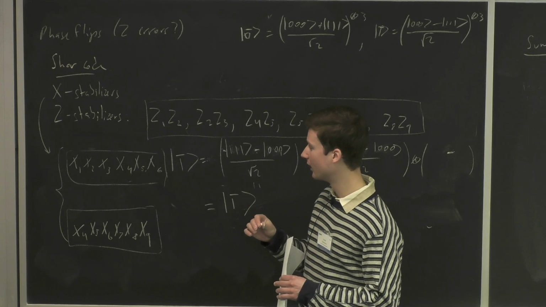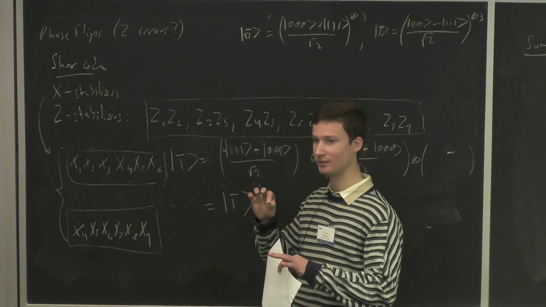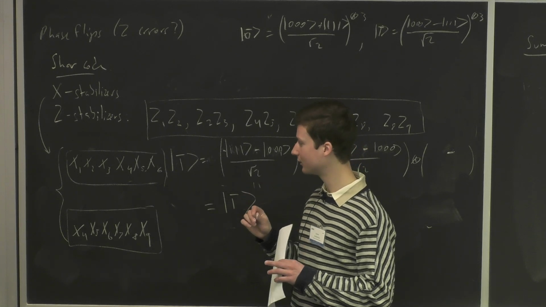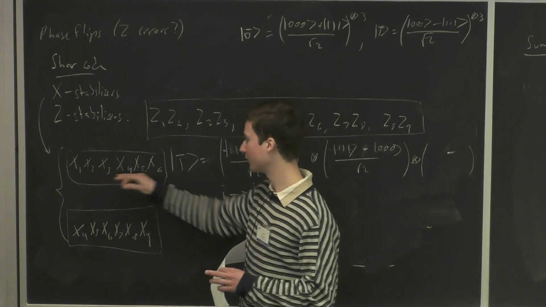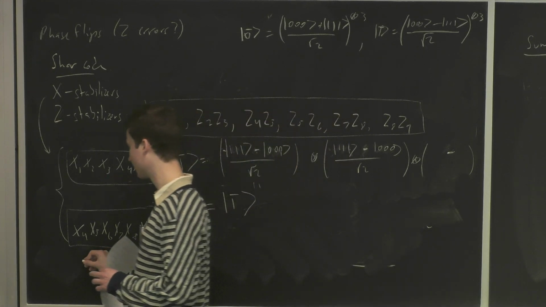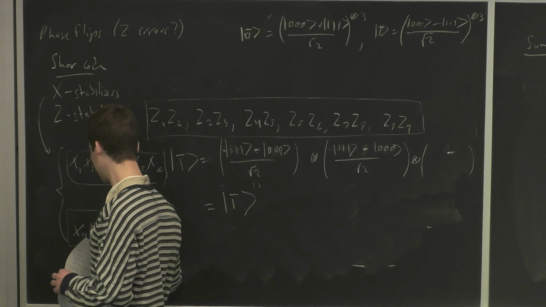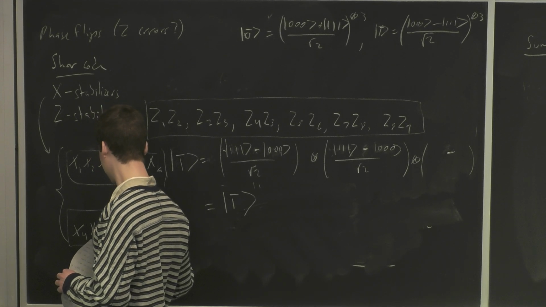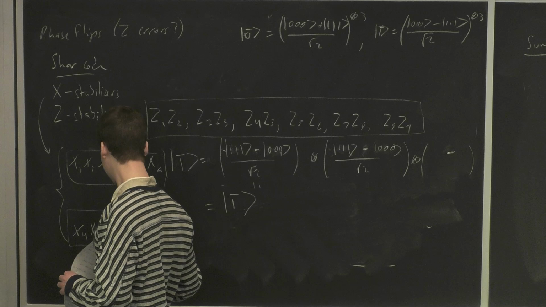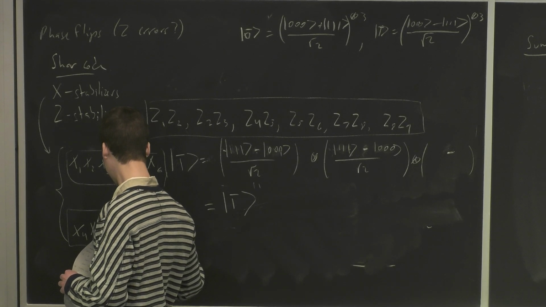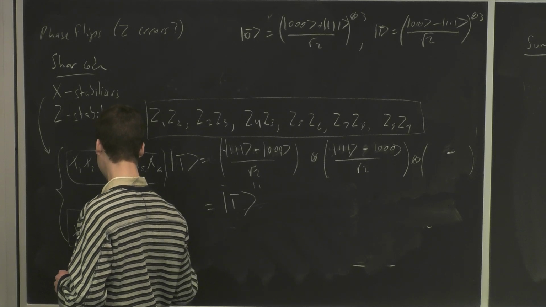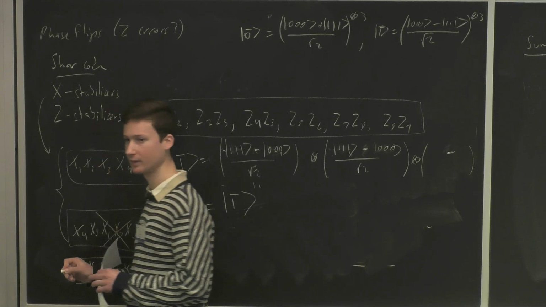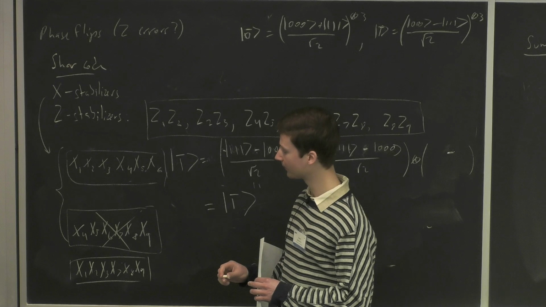And it turns out that if we measure any set of generating stabilizers, then that will suffice. So for instance, if we measure X1 through X6, and then we measure X1, X2, X3, X7, X8, X9, and say we don't measure this other stabilizer, that will also work.